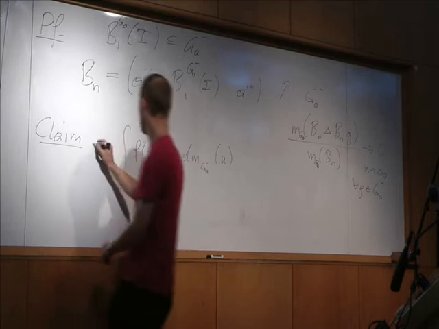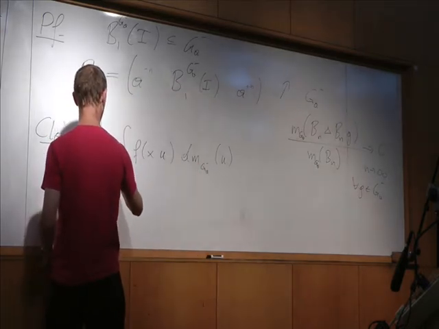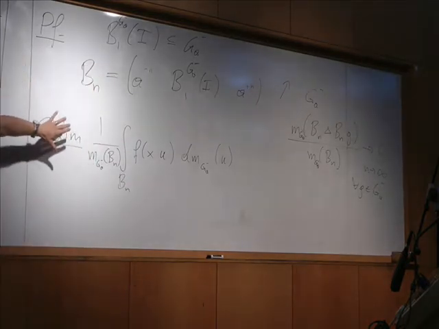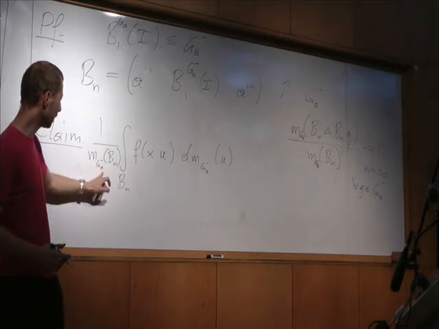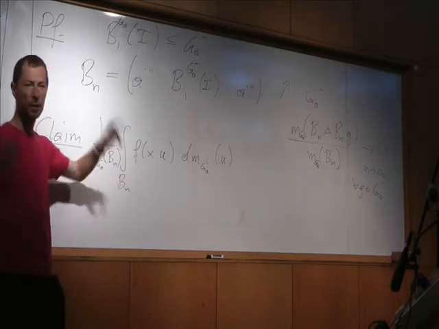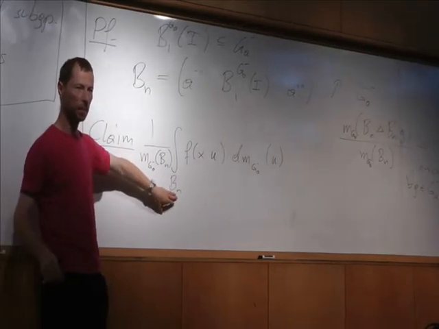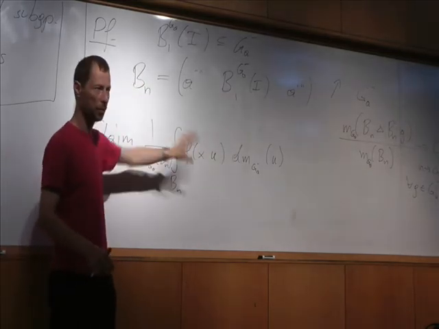And then I divide by the measure of the set over which I'm integrating. So that's the ergodic average for the point x, the group action G_a minus, and the current interval B_n. That's the perfect analog of the ergodic average that we have seen yesterday.